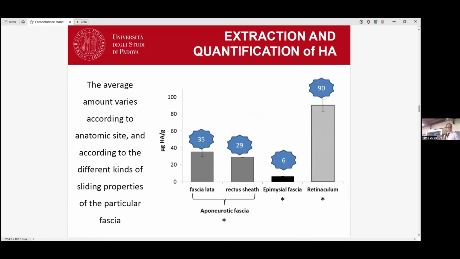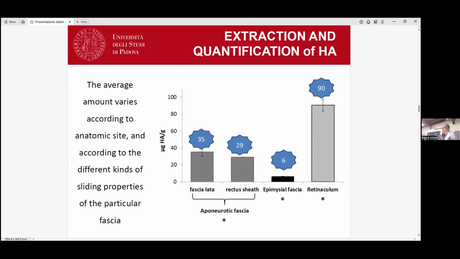And here you can see again that the amount of hyaluronan is very specific for the different types of fascia, and is defined by the gliding ability of the different fascia. Because where we have an epimysial fascia, a fascia that is totally attached to the muscle, we have a very small amount of hyaluronan.